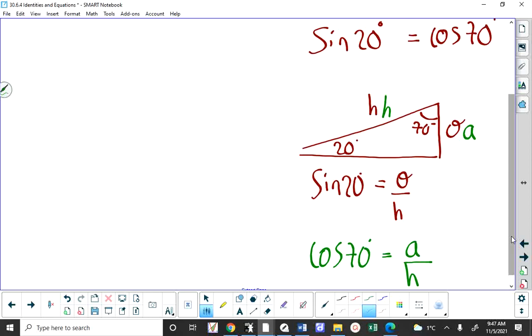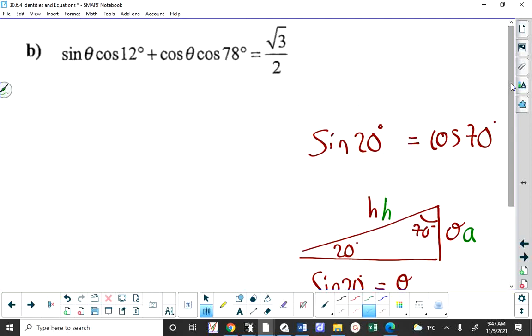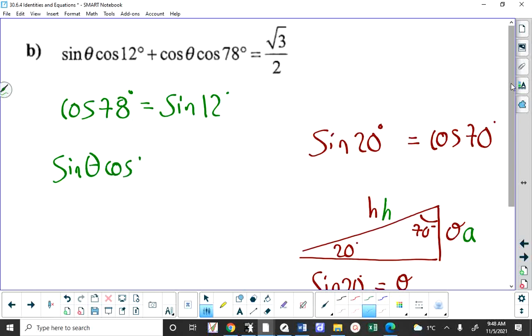And that's a useful thing here because if this was sine of theta cos of theta plus sine cos, then we could use an identity for sine. And this cosine of 78 degrees is equal to sine of 12 degrees. So this becomes sine of theta cos of 12 degrees plus, I'm going to take the liberty of writing this cos of 78 first.